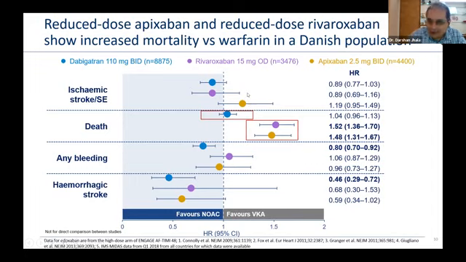So it is not a good idea. You are giving an anticoagulant to reduce the ischemic stroke and the systemic embolization. You land up in the practice reducing the dose and you are back to square one. So what happens is, you are taking the side effects of an anticoagulant without actually getting the benefits, just because you managed to reduce the dose.